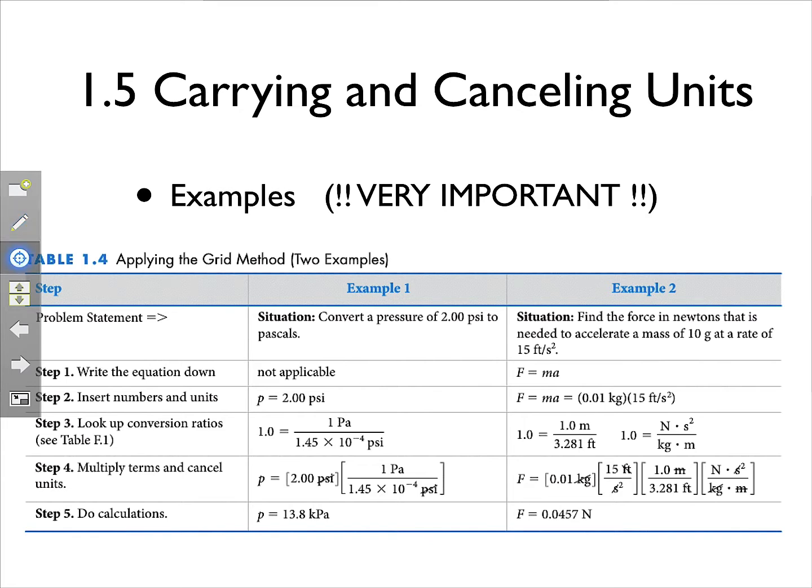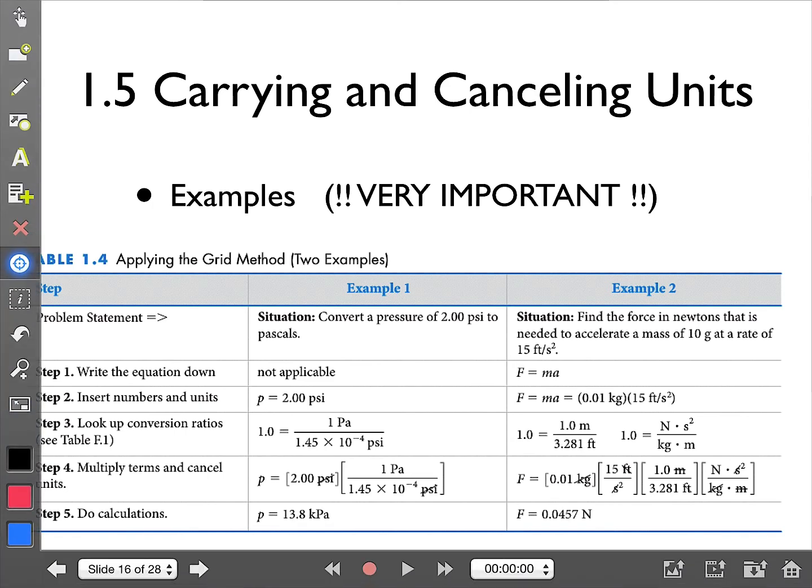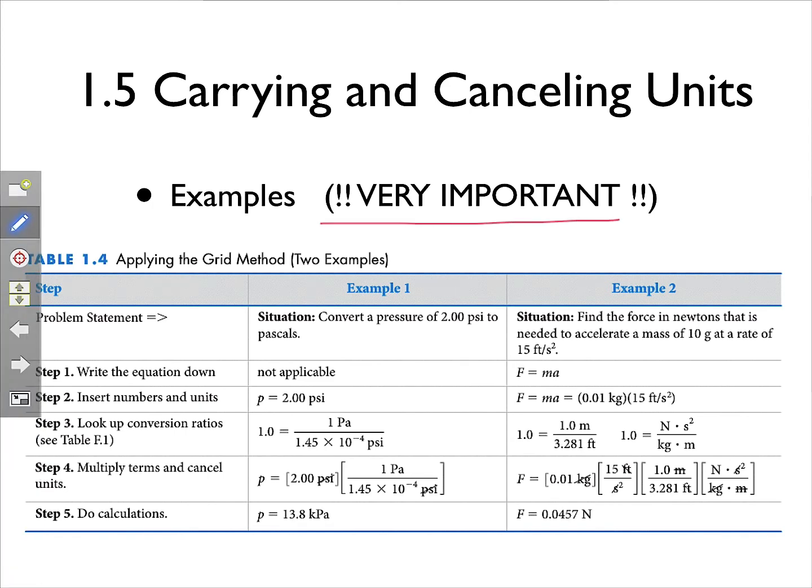And in fact, I've listed this as a very important section here. You can see that I've labeled this, if I can do this, very important, because I want your homework to look like this. When you have numbers to deal with and equations to deal with, I want them to basically look like this. You should not skip any steps.